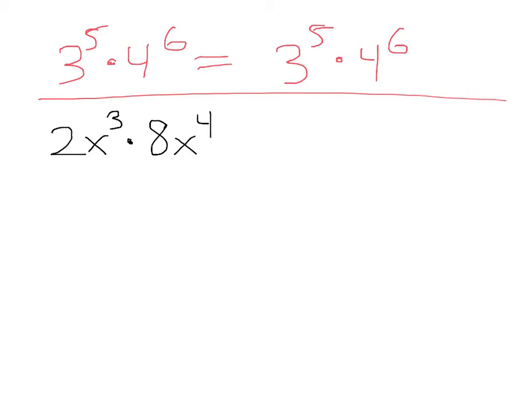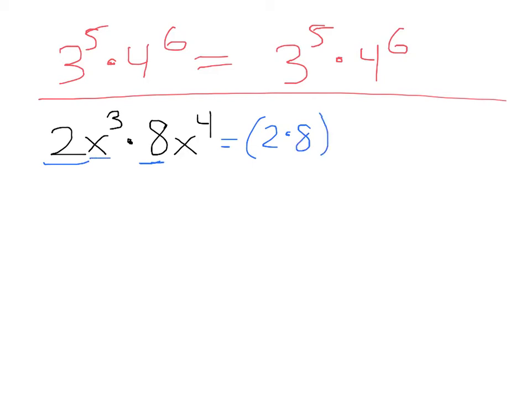But when I say that, if it's a number, and I'm not talking about a power, 2 and 8, those are just numbers. 2 and 8, why are they numbers? Because their exponent is 1. They don't have any other exponent. So I can actually multiply the 2 and the 8 together.